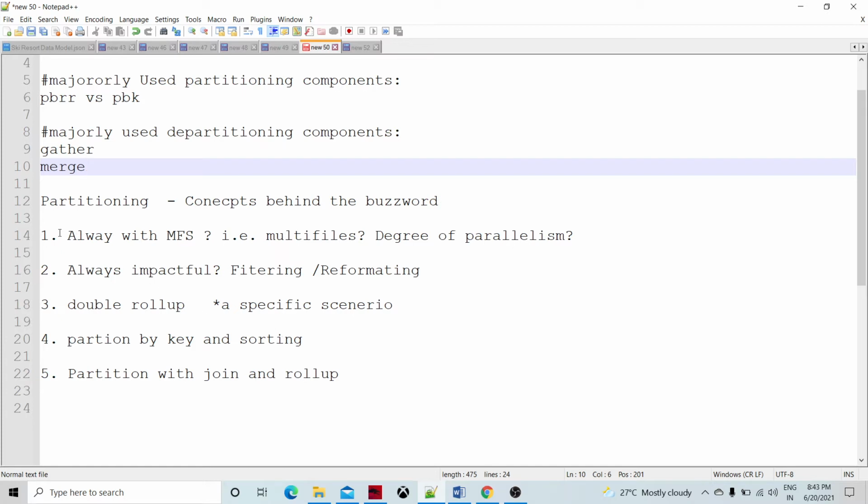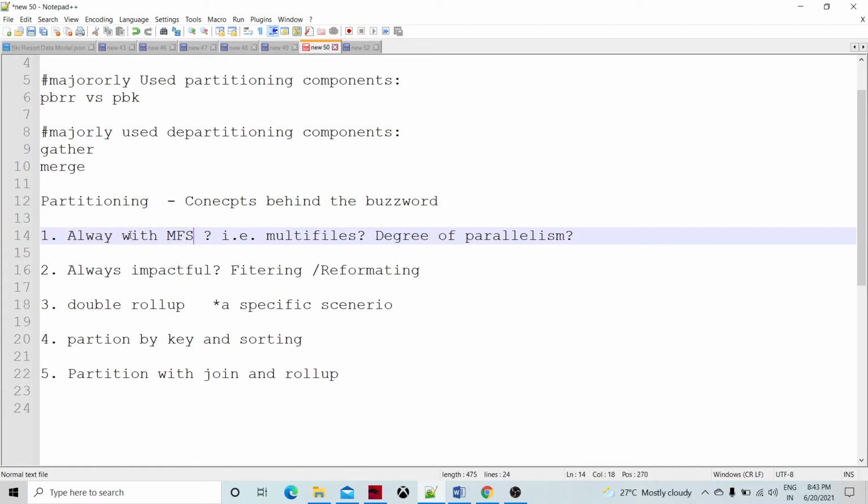So partitioning can be achieved using MFS. Is it always with MFS? No. We can have many serial files and still achieve parallel processing, right?